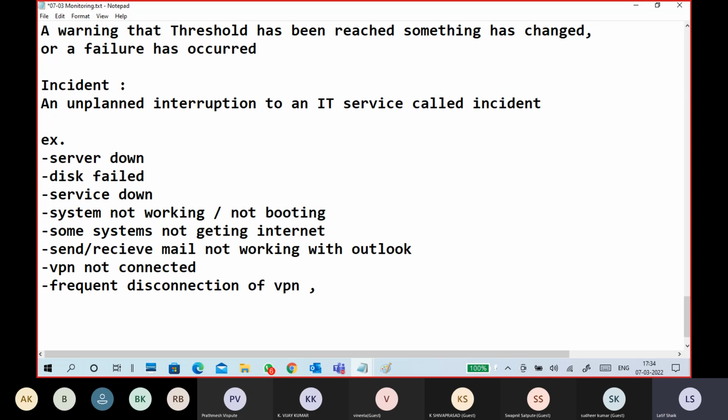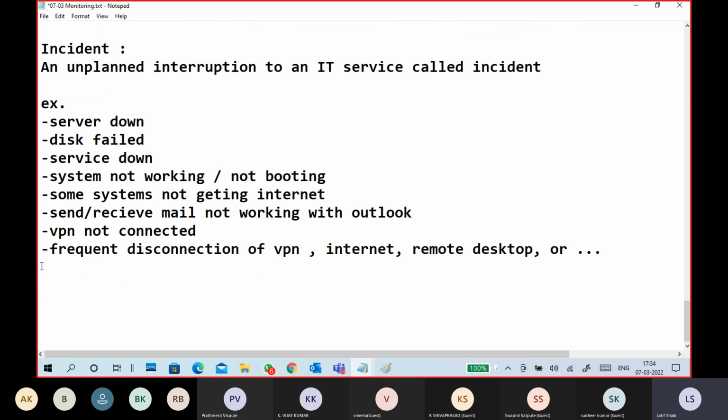Also you can say internet, or a printer, remote desktop, or anything. So many things: VPN, internet, remote desktop. Guys, do you understand now what an incident is?